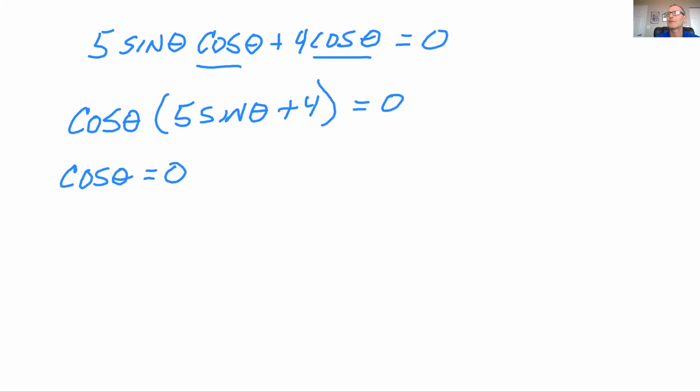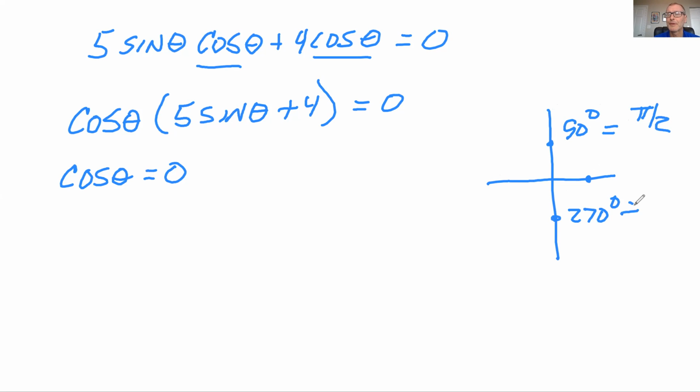And so how do we solve for that? Well, cosine of theta equals 0 occurs, this is 1, right? So the x value would be at 90 degrees or at 270 degrees. So when you do that one, it would be pi over 2 or 3 pi over 2.